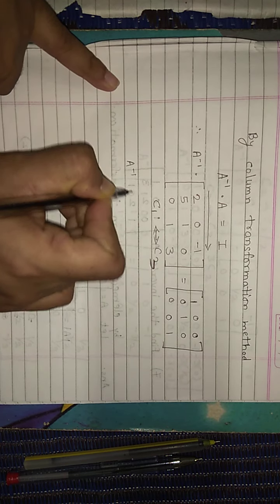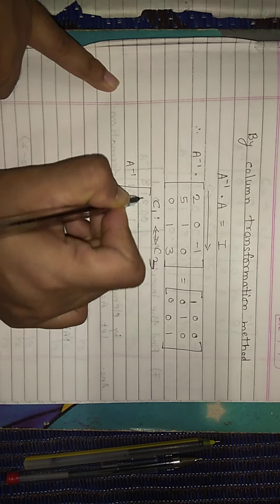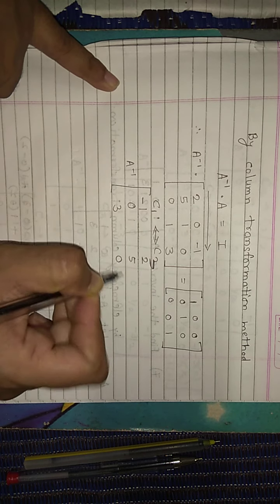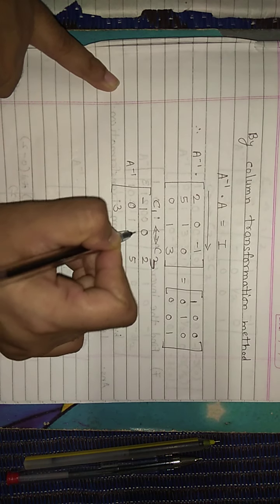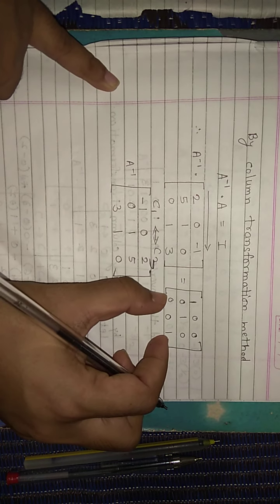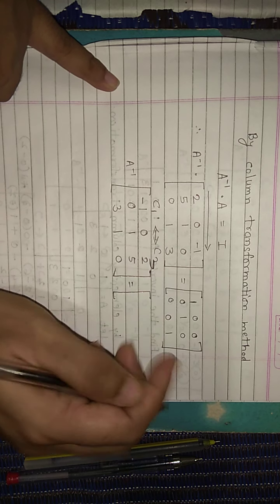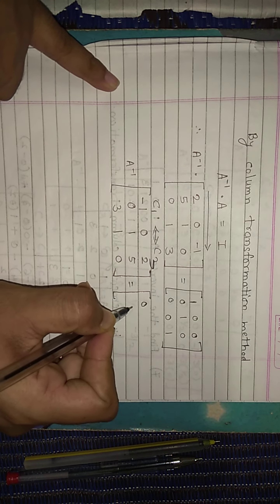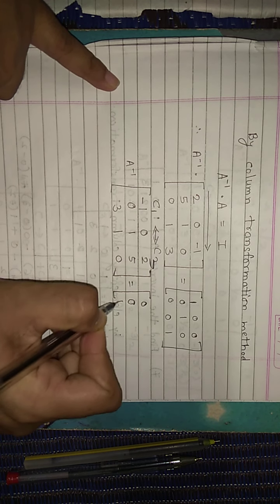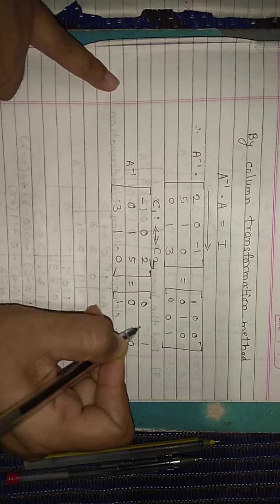So we get A inverse in a bracket: minus 1, 0, 3, 2, 5, 0. We interchange the column, 0, 1, 1, keep it as it is. The same we apply for the identity matrix: first column we write as the third and third column we write as the first.